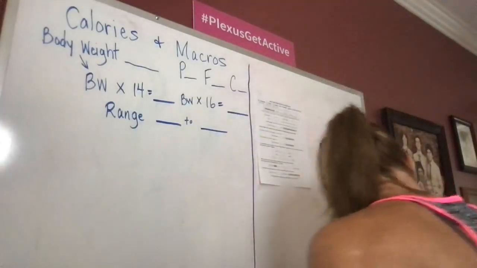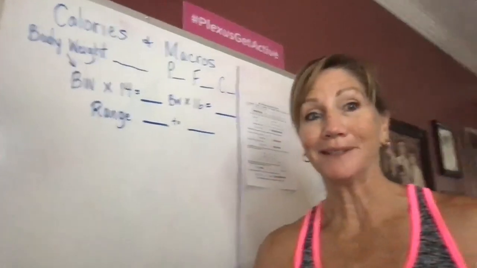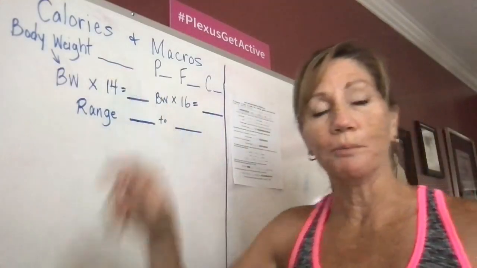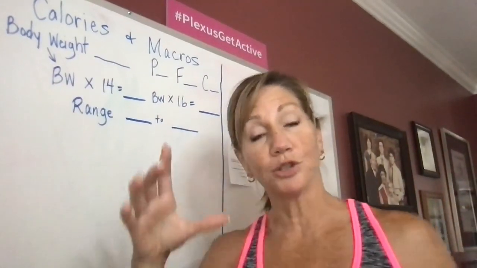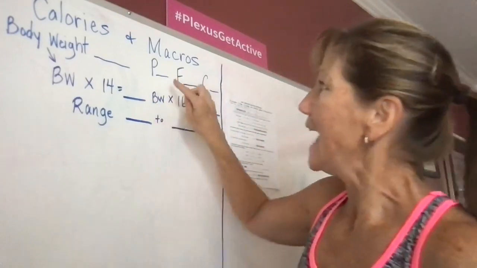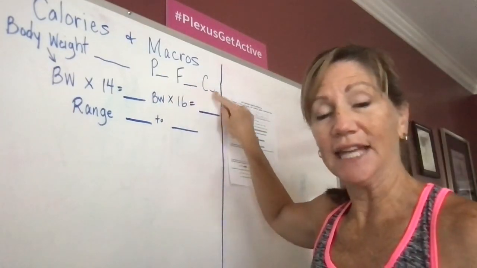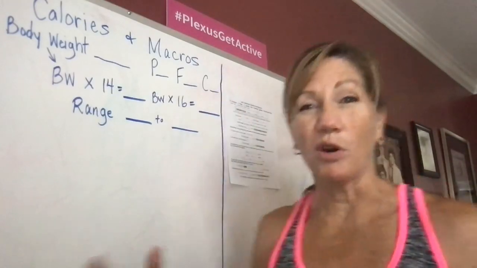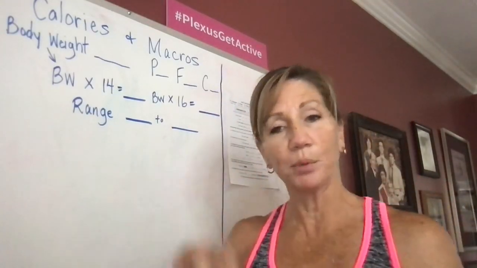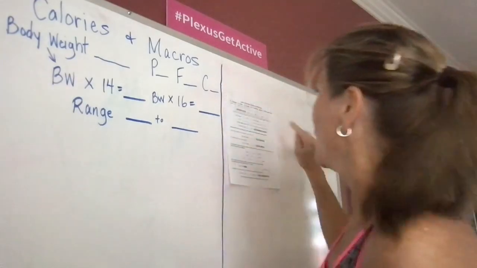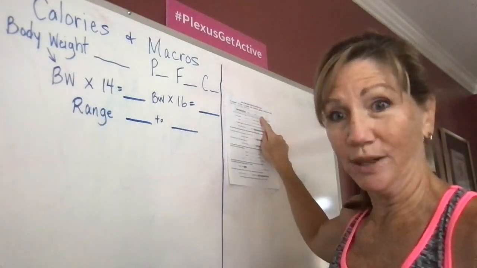On the worksheet that I created for you, oh, I put mine up here. On the worksheet, it's going to have a space for your body weight, and you're going to put what your current body weight is. Then it has spaces for P, protein, F, fat, and C for carbs. We're also going to be talking about calories, so I've abbreviated that as CAL. You'll see on your worksheet that I've put in what my abbreviations stand for.